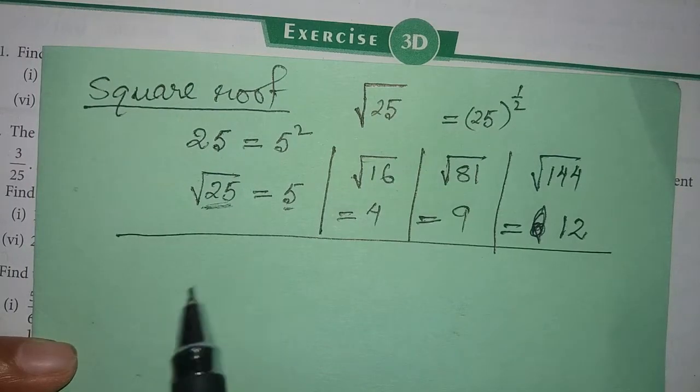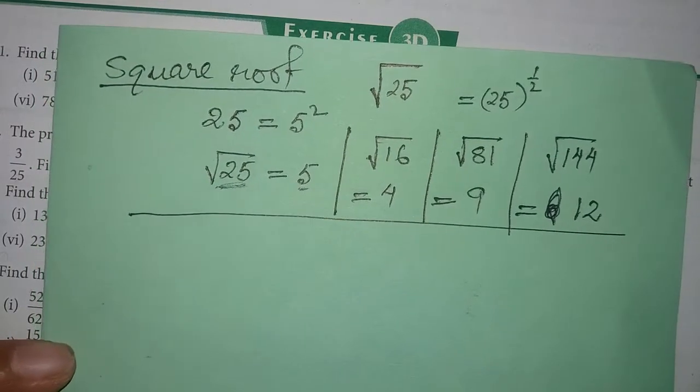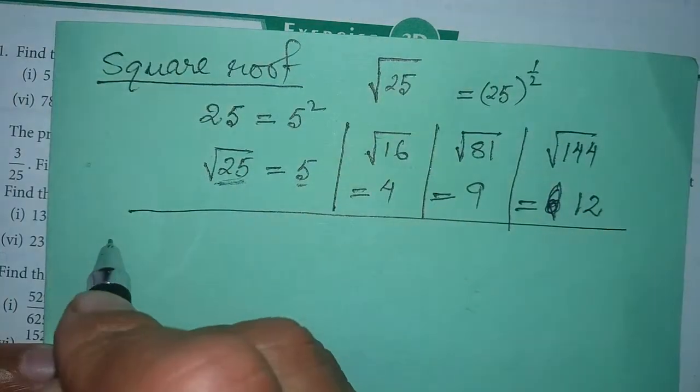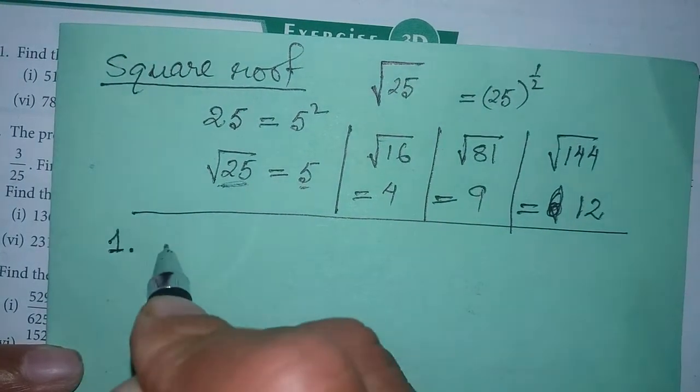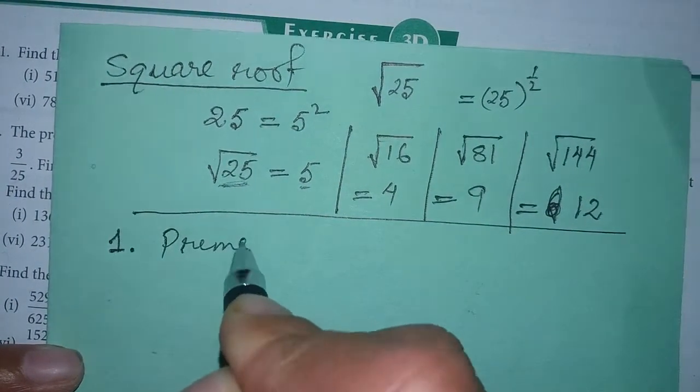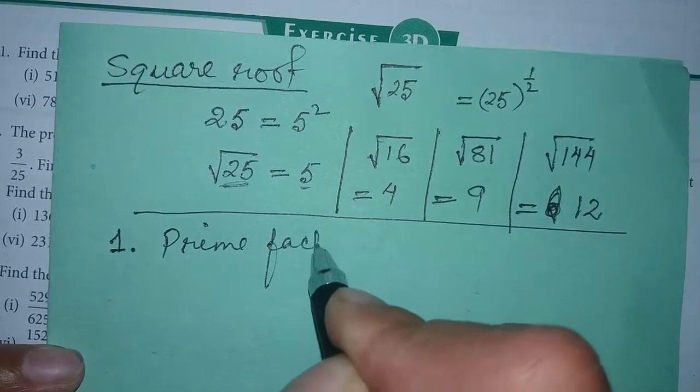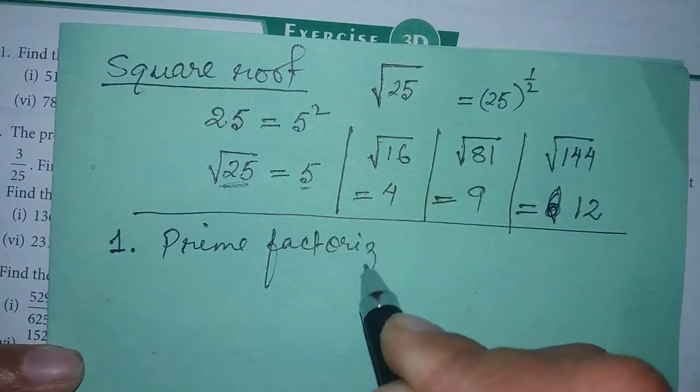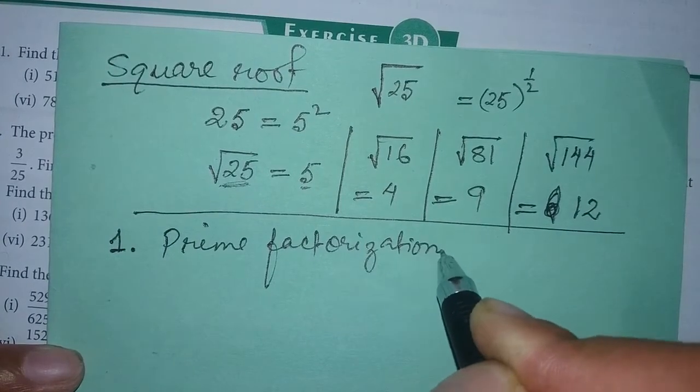To find the square root, we have mainly two methods. The first one we are going to see is the prime factorization method.